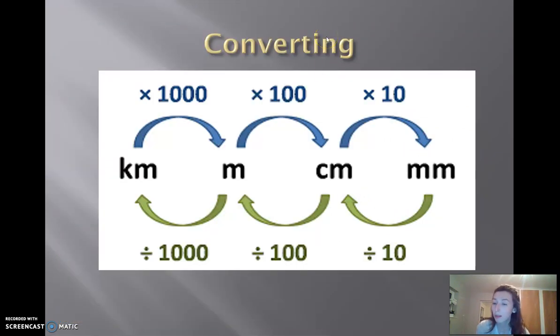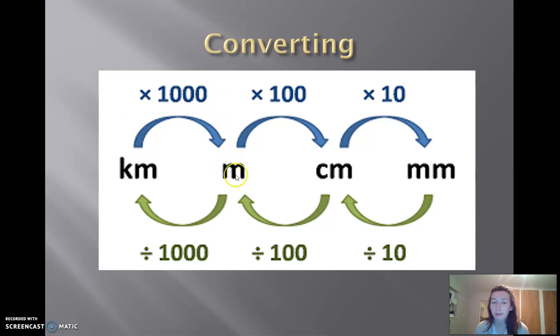So could you all please take this down? Just pause the video and take this down. So if you're converting, look at the blue part, from kilometers, follow the arrow, into meters, you multiply by 1,000. So if you want to know what 4 kilometers is in meters, multiply that 4 by 1,000, you get 4,000 meters.